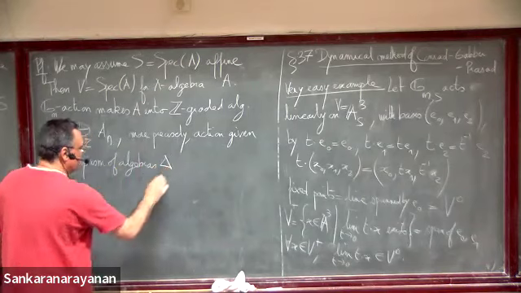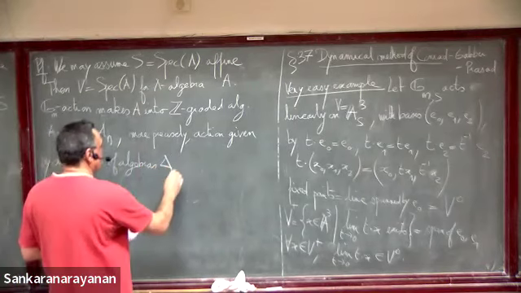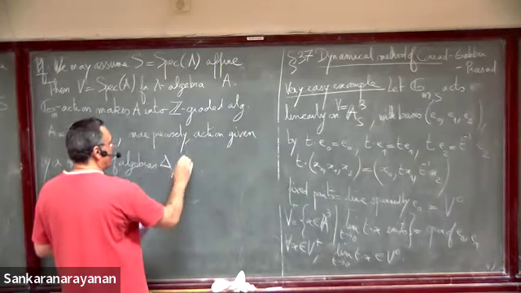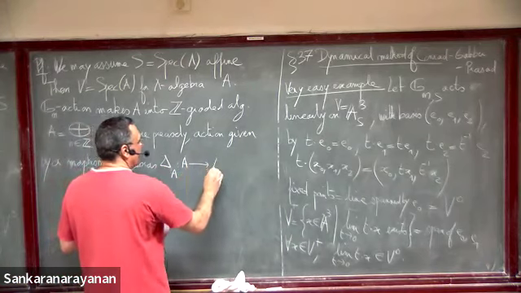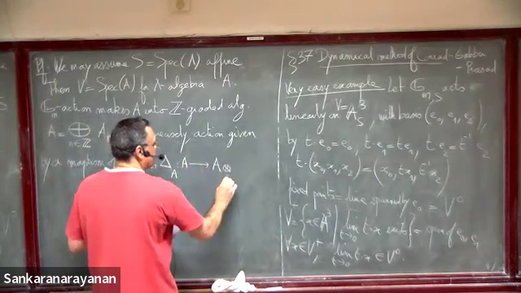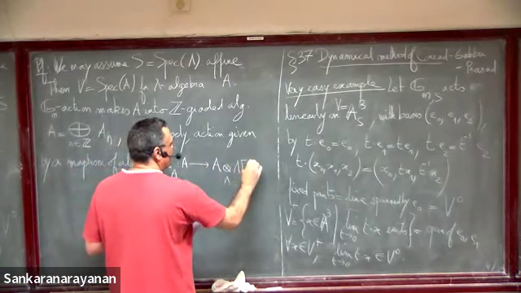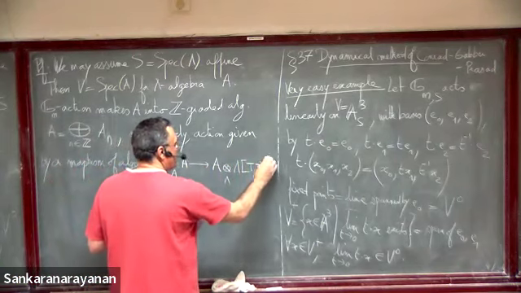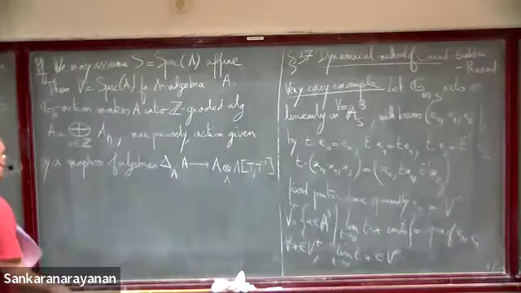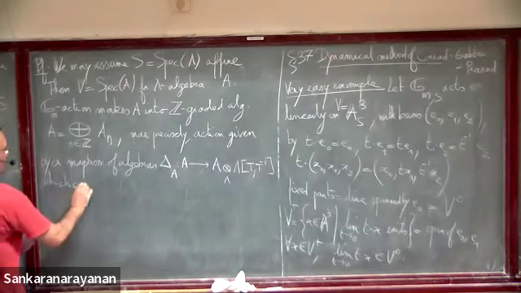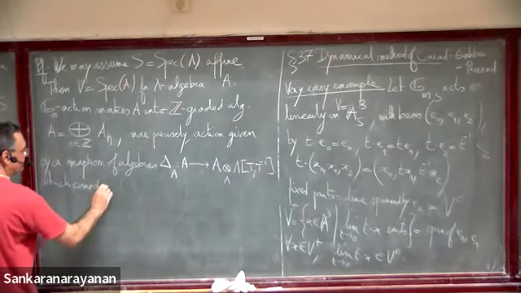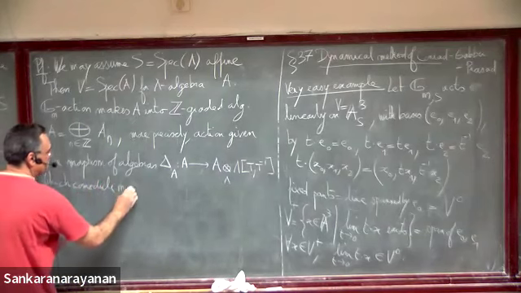Let us call it delta, or delta sub A, which goes from A to A tensor over lambda with this, which is a comodule map.